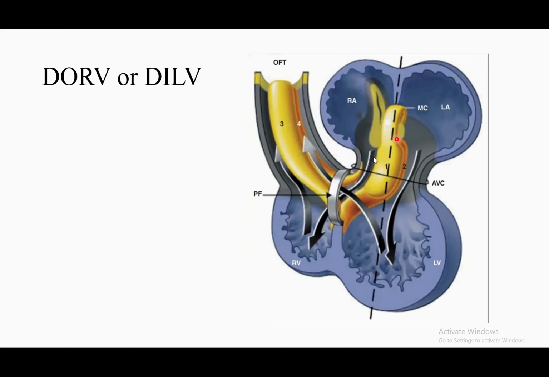But the opposite is difficult. For the AV canal to be superimposed upon the right ventricle, or the truncus coming out of the left ventricle, it's much rarer. So this is the reason why we find DORV and DILV much more common than DOLV and DIRV.